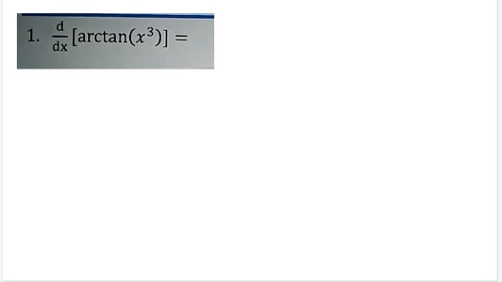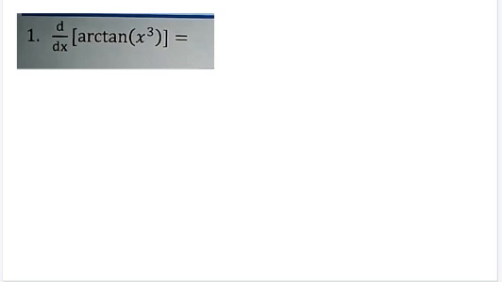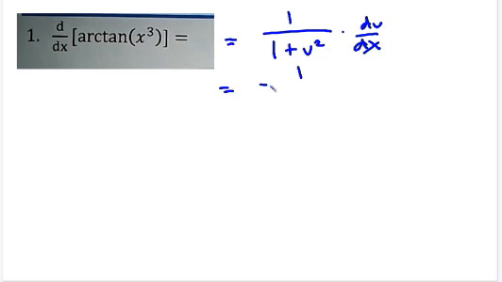All right, let's start with our formula for the arctangent of x cubed. Our formula is right here, 1 over 1 plus u squared times du/dx. So that means I need to put this thing in right here.